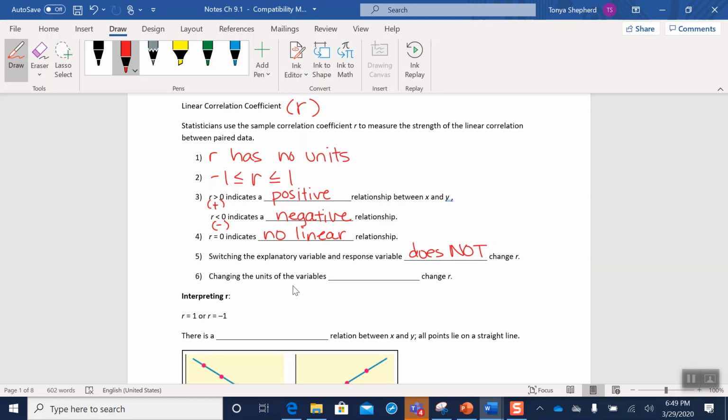The other thing that's very interesting is that changing the units of the variables does not change the value for R. So if we're both measuring the length of something, and one of you measures it in meters and does all of your work in meters, and somebody else does all of their work in feet, your value for R will come out the same, because again, R is describing the relationship between the variables and has nothing to do with the units that it's being measured in.